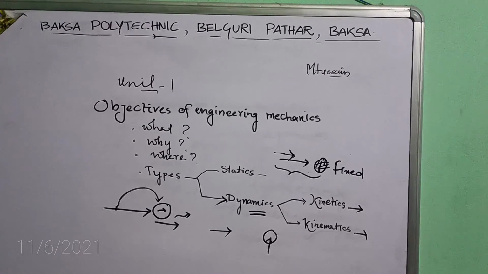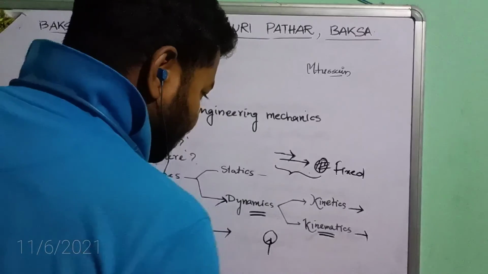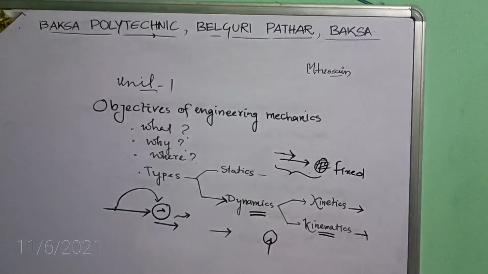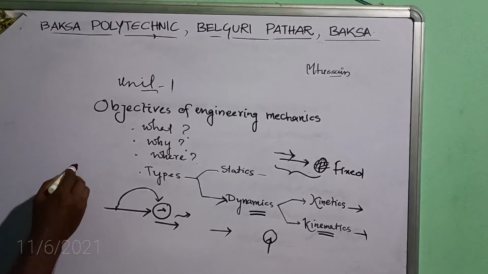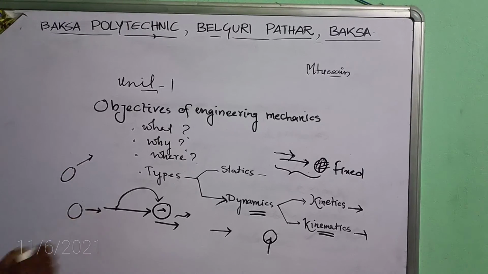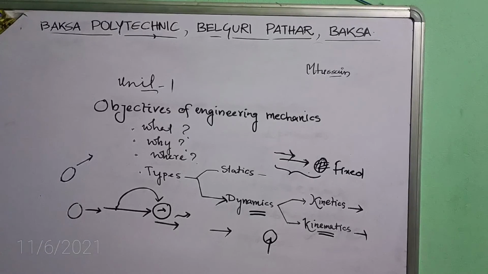Okay. Then another term is kinematics. In kinematics, the bodies are just moving. No doubt this body will move only when there are some external forces for which it tends to move.